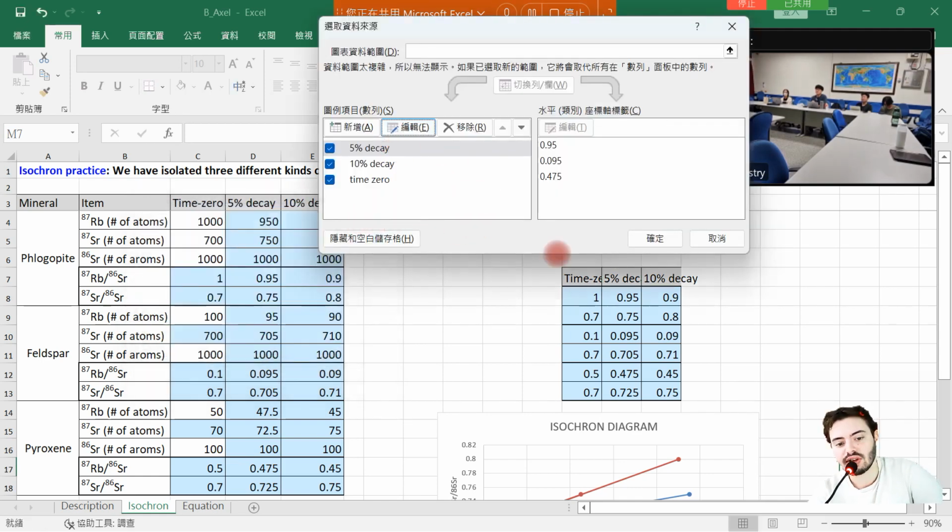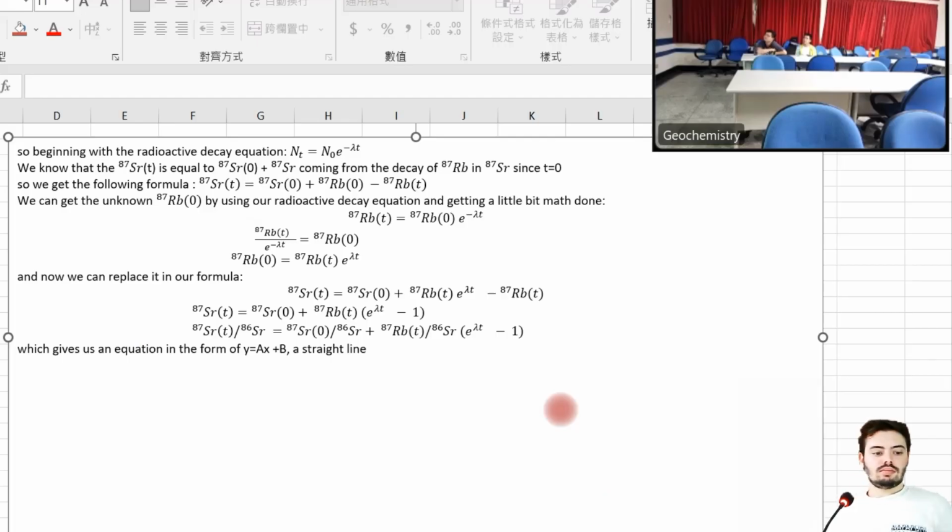For 5% decay, I've chosen this one, then control this one for X. And then I've chosen this one and this one for Y.